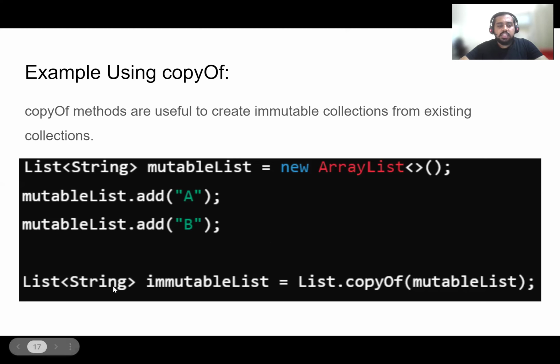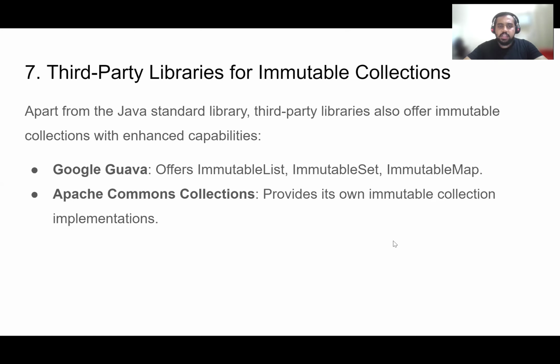So what I can do is List<String> immutableList equals List.copyOf, the factory method on the List interface, and I pass the mutable list, the existing collection. It will give me an immutable collection, a complete copy of it, which will be thread safe.